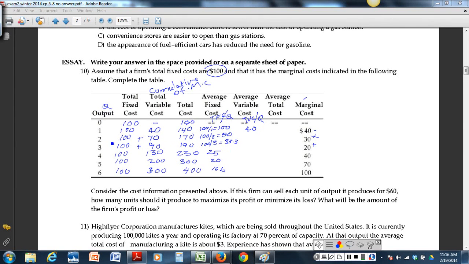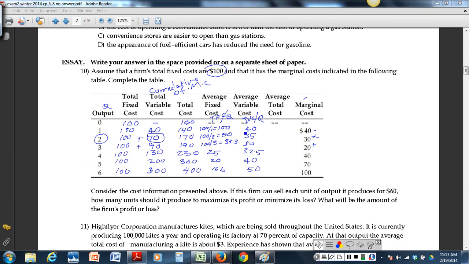When I produced 2 units, I had $70, right? So $70 in total variable cost divided by 2 units should give me about $35 on average. And it'll go on and on. Similarly, we'll go to 30, and then go to 32.5, then it goes to 40, then it goes to 50, which is $300 in variable cost divided by 6 units.